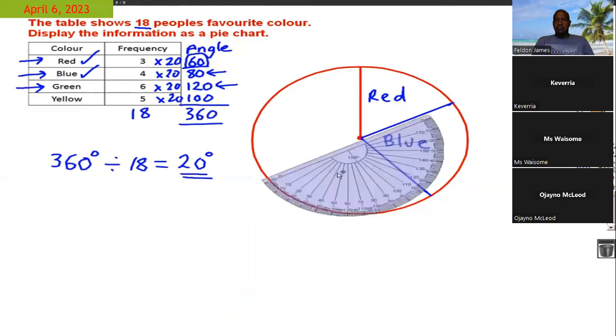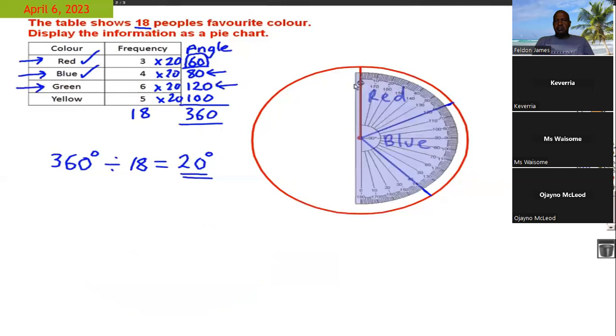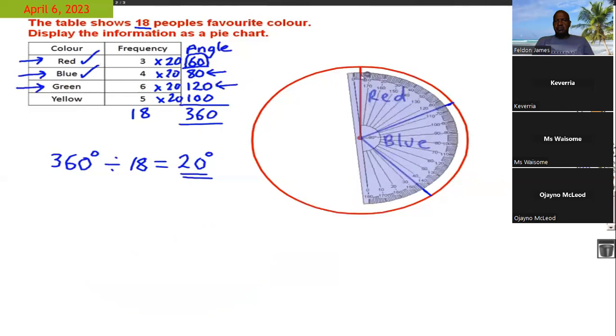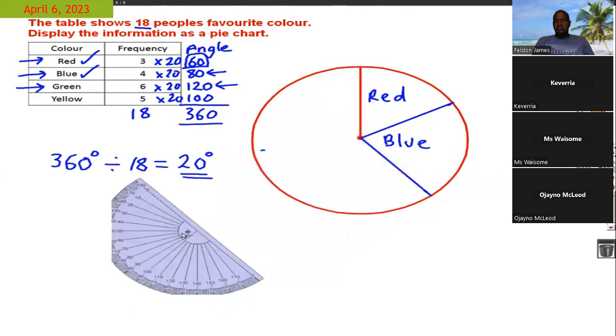We put the protractor onto the here is my and again, I'm going to join that the center of the circle.